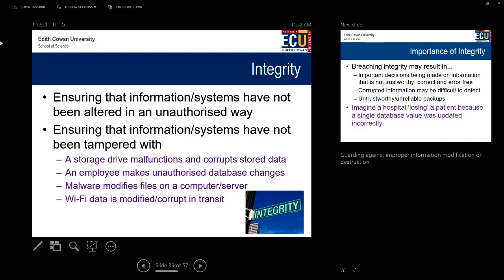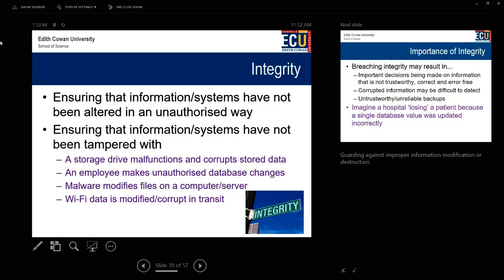You can't trust that data. If an employee makes unauthorized database changes, if an employee is not allowed to change the database values and changes that value, it's an attack, a compromise on the integrity of that data. If malware modifies files on a computer or a server, it affects your integrity.